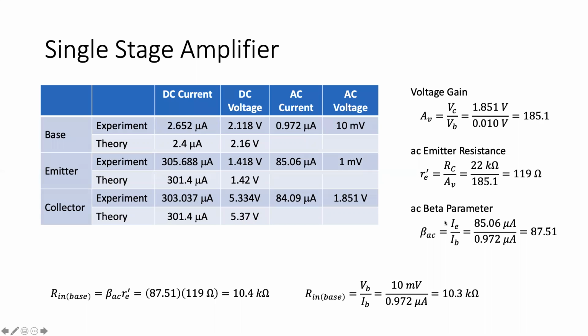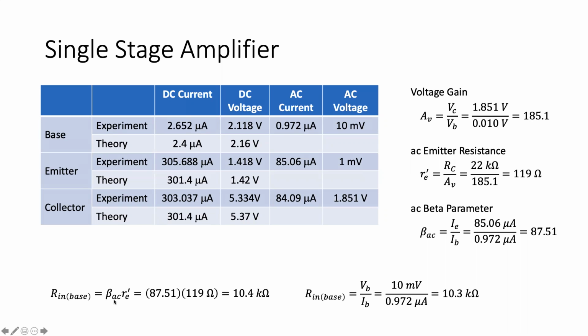Tapos, ang AC beta parameter naman natin is computed from the gain between the emitter current at base current. So that's 85.06 microamperes at saka 0.972 microamperes. So that's 87.51 para dun sa beta AC parameter. Okay, so now let's check for consistency. You can compute for the input base resistance in two ways, dalawa.